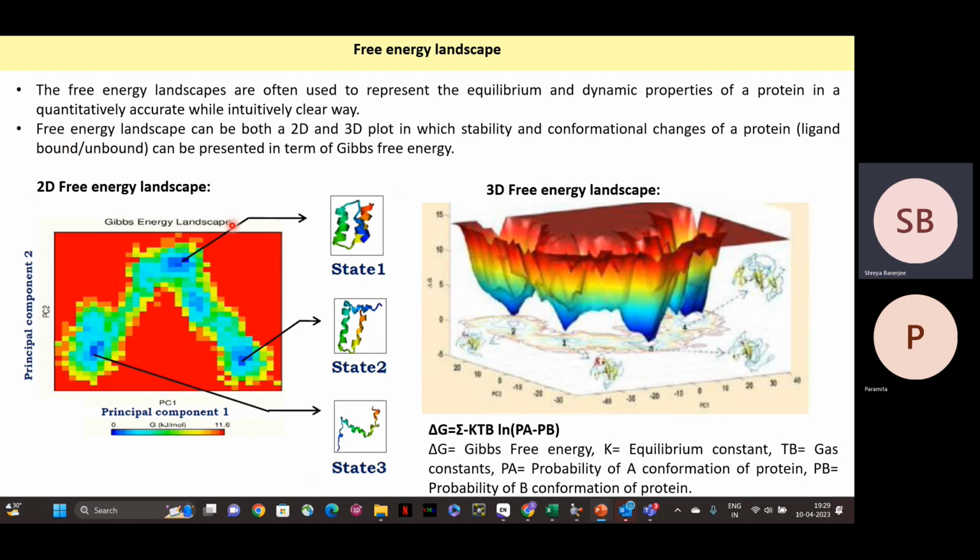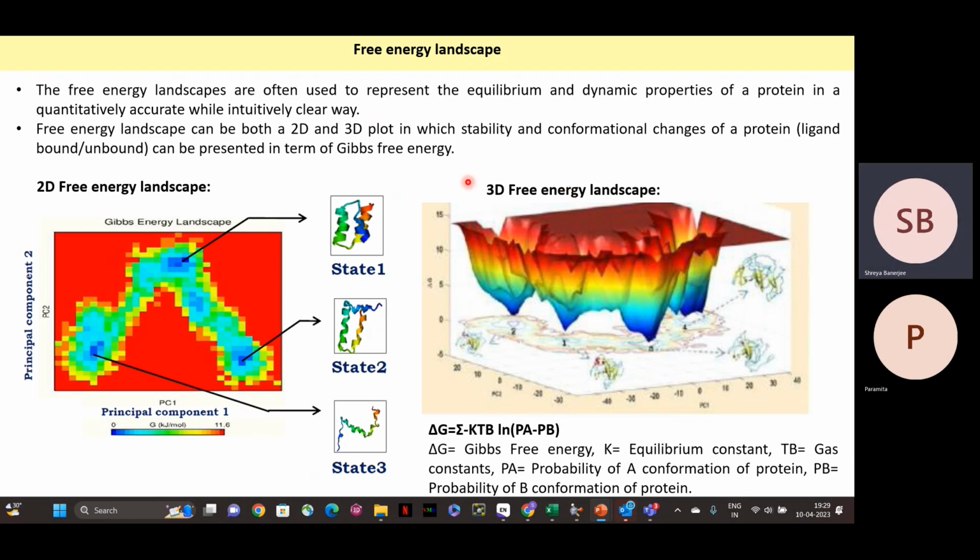If we want to get this picture in 3 dimensions, we can also get a 3-dimensional free energy landscape. And these blue spots are now represented by these blue minima. And each of these minima corresponds to a particular state, whether that be a local minima or a global minima.